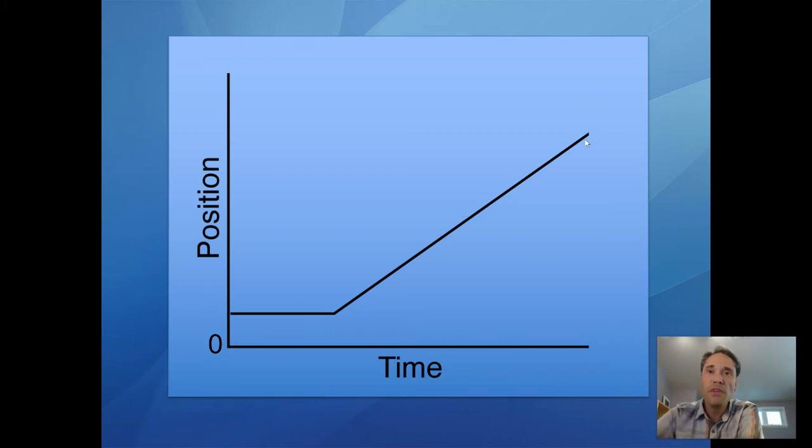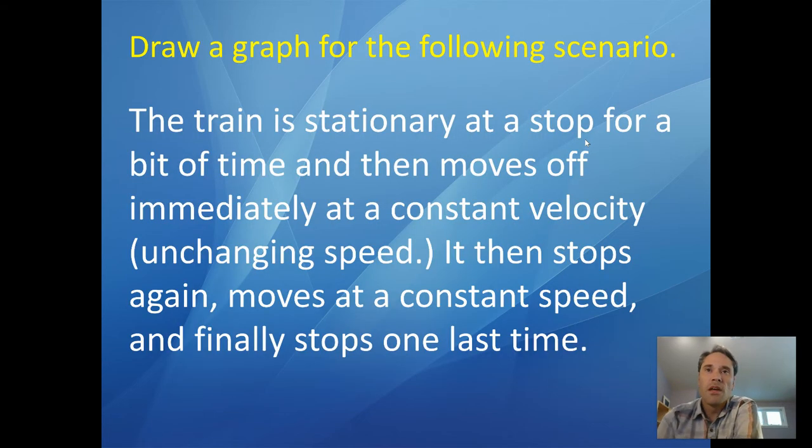Here's scenario number 2. A train is stationary at a stop for a bit of time, sounds familiar, and then it moves off immediately at a constant velocity. We've done that, unchanging speed. And then it stops again, moves forward at a constant speed, and finally comes to one last stop. Okay, so here's the tricky bit about videos like this.